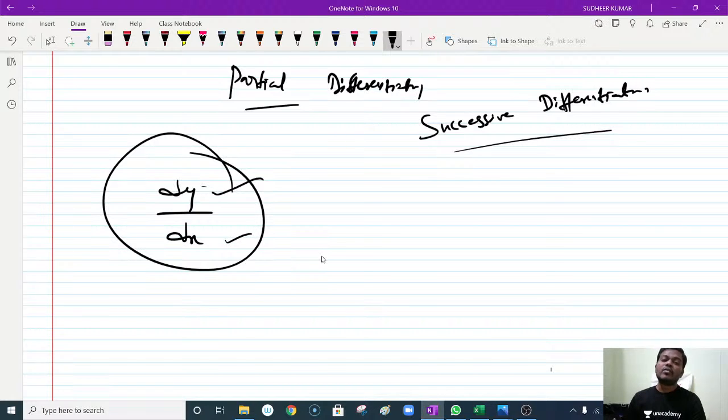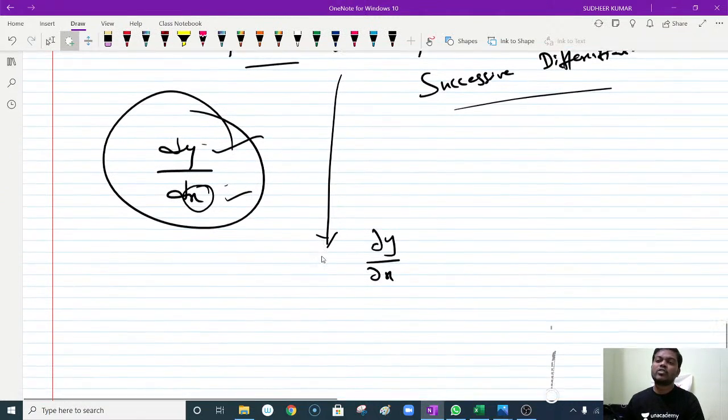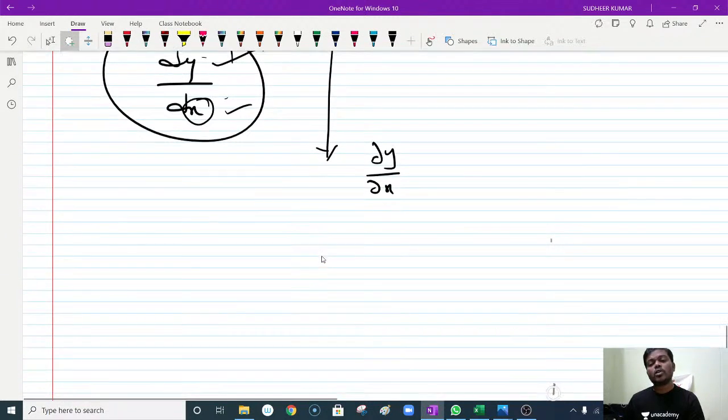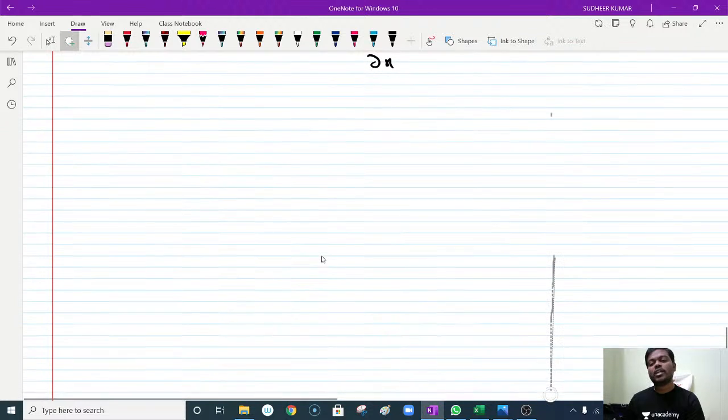If the derivative of the function involves more than one independent variable, then those are called partial derivatives, represented by dou y by dou x. The symbol is dou, right? If it is only one independent variable, then it is a successive derivative. The process of finding the derivative is known as differentiation.